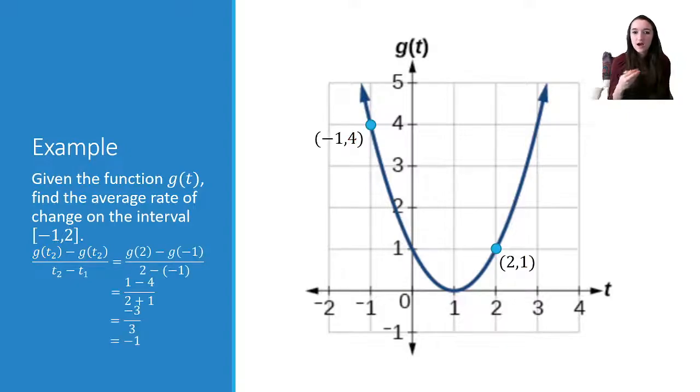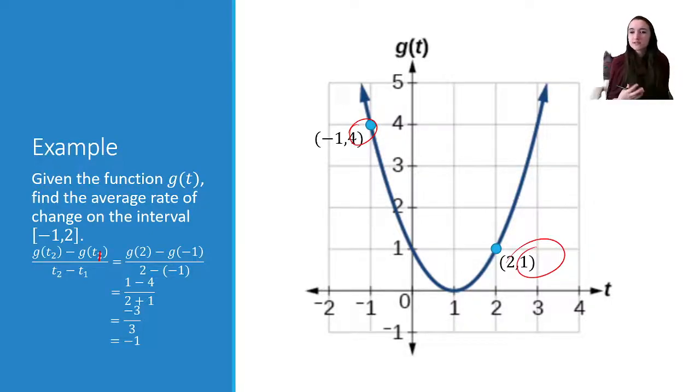So when I do this calculation, and I apologize, this should say t1 here, so make sure when you're taking notes that actually does say t1. So that'll be g of 2 minus g of -1 over 2 minus -1. Okay, well g of 2 is 1, as we've seen right here, and g of -1 is 4, so 1 minus 4 over 2 plus 1 simplifies down to -1.